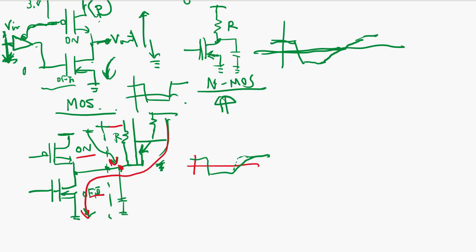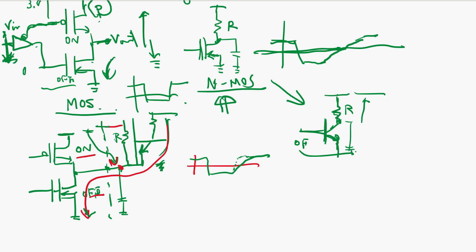Bipolar transistor, this is like an NMOS type bipolar logic. When this is off, then this voltage goes up high, and this is kind of slow because of the capacitor here.